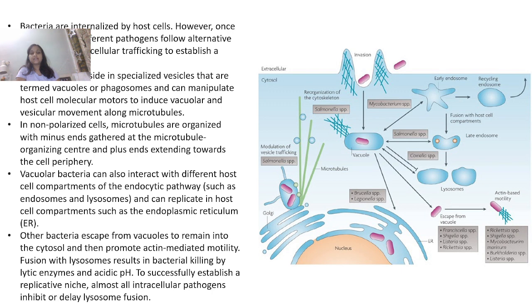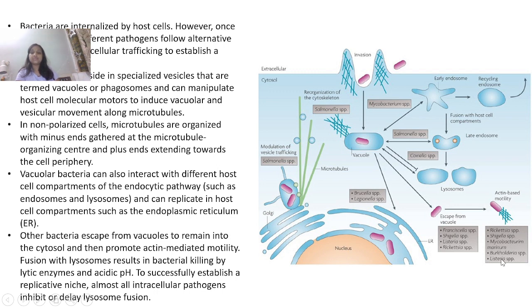Some other bacteria are there which escape from vacuoles to remain in the cytosol. Like this, you can see escape from vacuole. For example, Listeria, Shigella, Rickettsia, and Francisella. They will escape from the vacuole because they want to stay in the cytosol and then promote actin-mediated motility. So, with the help of actin, they also will travel to different places.